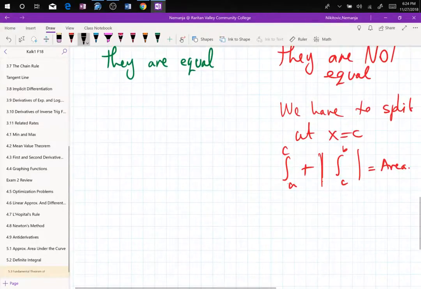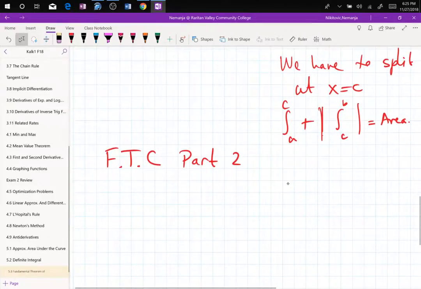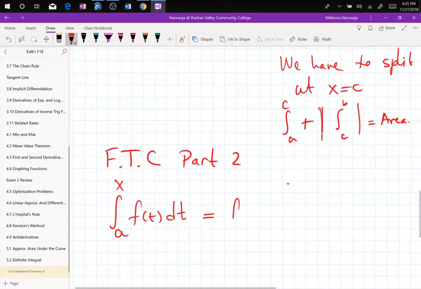Second part is the Fundamental Theorem of Calculus Part 2. And this one says d/dx of the integral from a to x of f of t dt is equal to f of x.